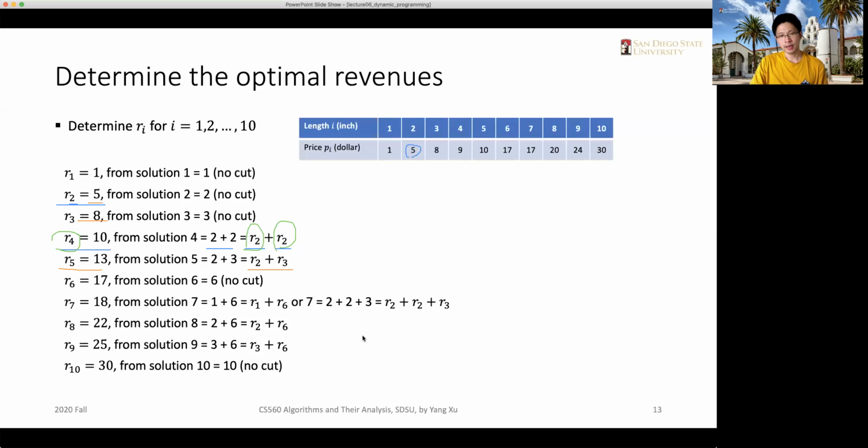This is just to give you a sense that the smaller problems solved at the beginning can be the references that we use when we solve bigger problems later on.